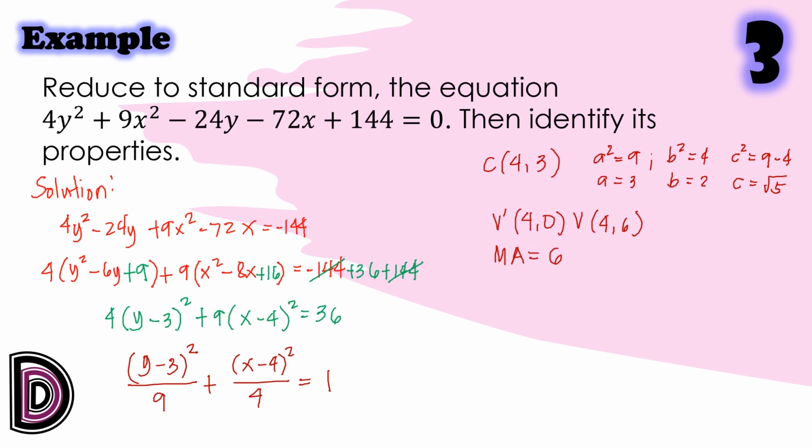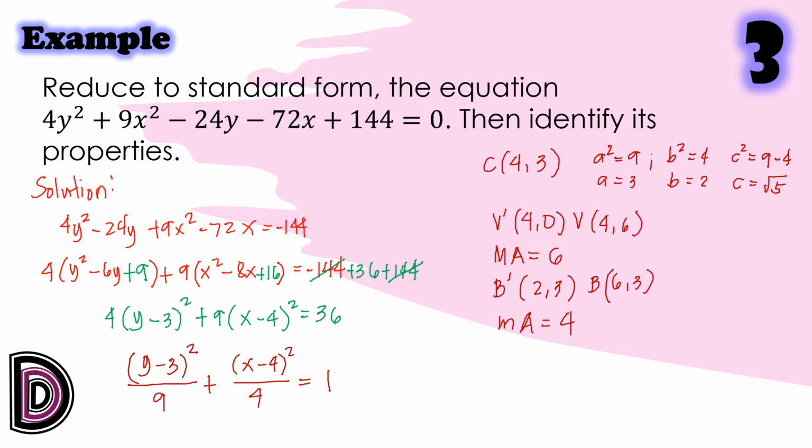The co-vertices b prime will be at 2, 3, that is 4 minus 2, 3, and the other co-vertex at 6, 3, that is 4 plus 2, and then y-coordinate is 3. The length of the minor axis is equal to 2b, so we have 4.